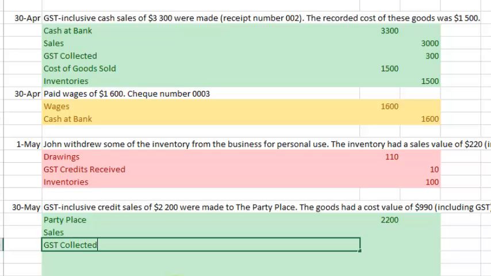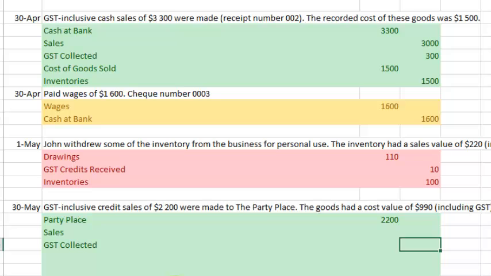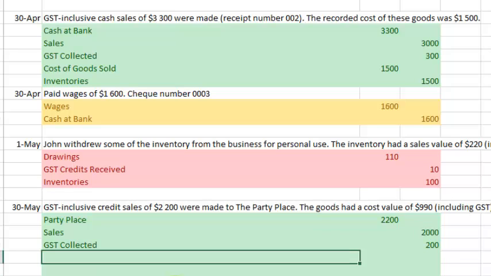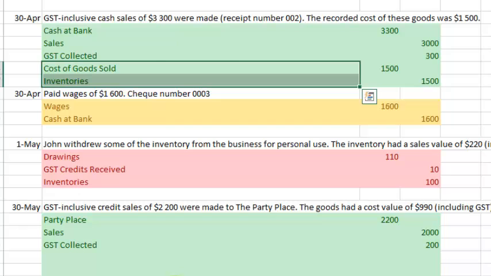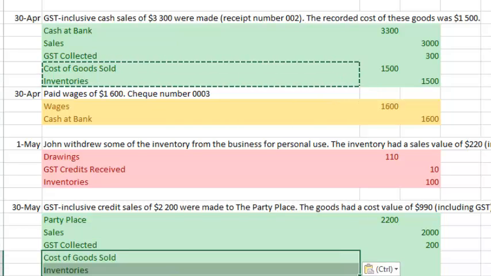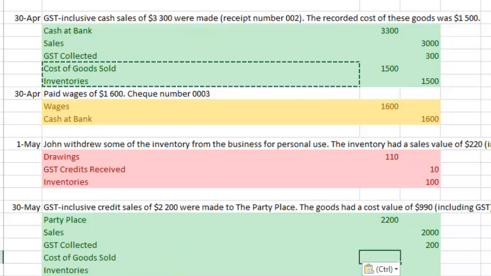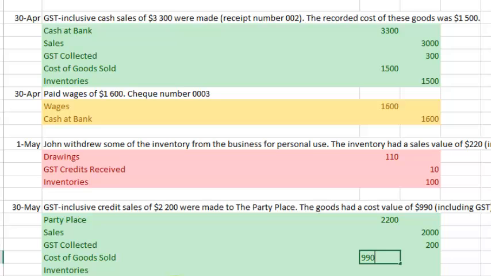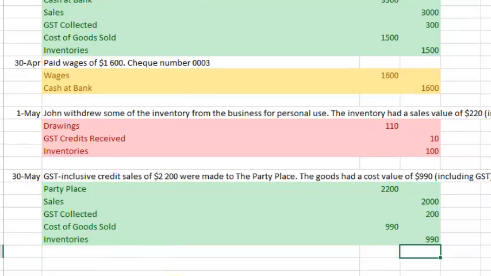That's 1/11th of $2,200, which is $200. Therefore, the sales are $2,000. That's quite easy. Like we did before for the previous entry, what we need to do is calculate the cost of goods sold, which here you can see was $990. There we have it. There are all the entries relating to question 2A.